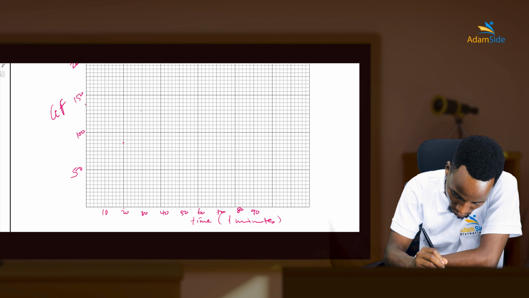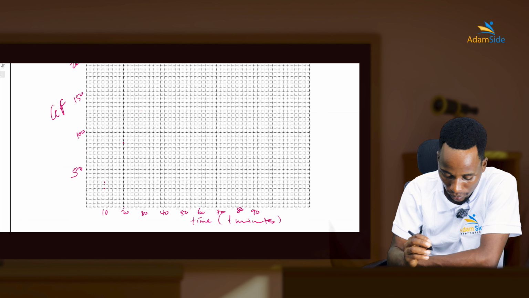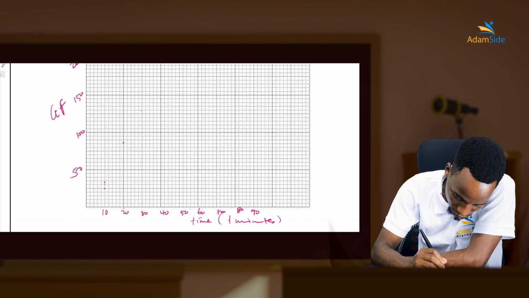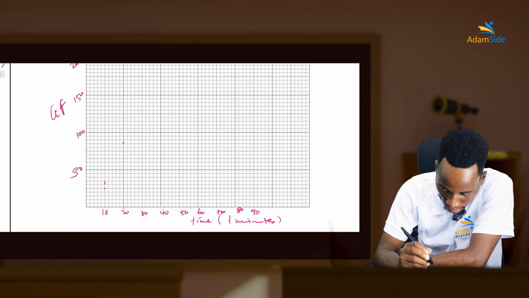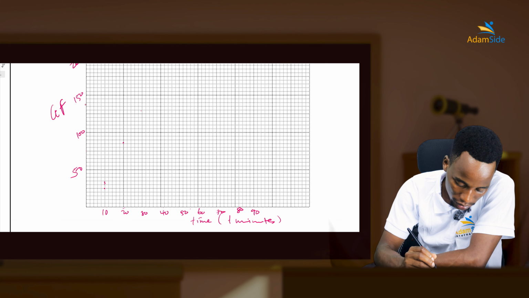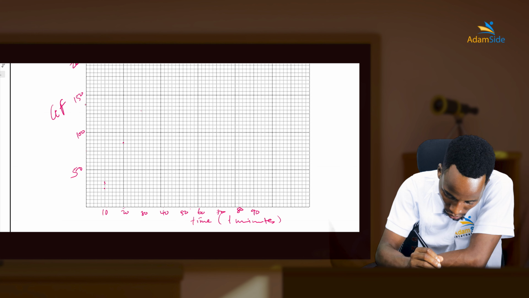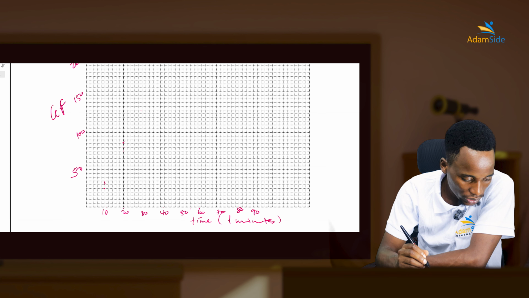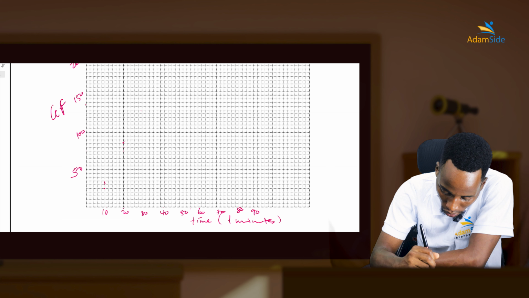So 34 is just after halfway between 30 and 40. For 20, the upper bound, it is 86, so 86 is here. For 30, the upper bound, it is 142, so 142 is here.